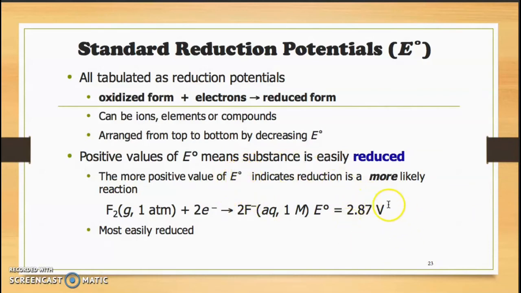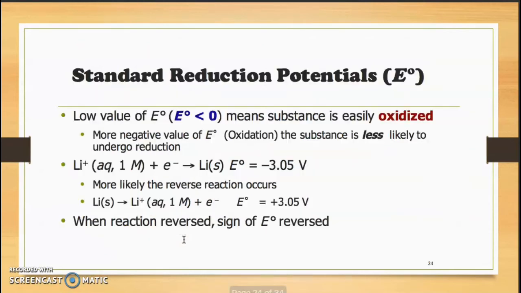This is the example: most easily reduced. If the value of SRP is less than 0, meaning negative, the substance is easily oxidized. The more negative the value, the less likely the substance is to undergo reduction.